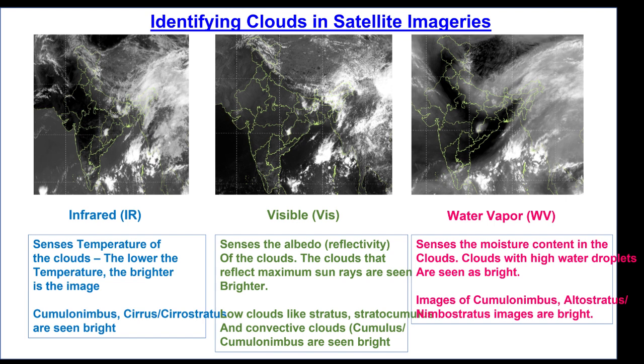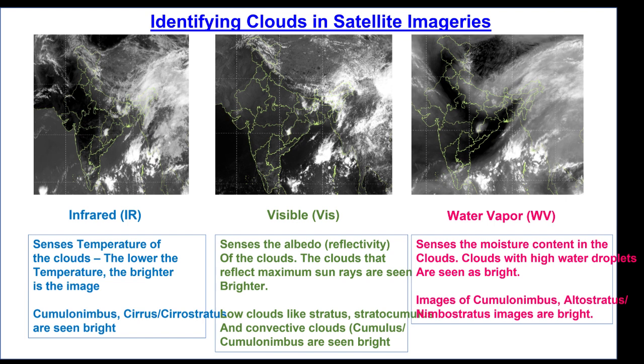Now in this satellite picture, the first imagery, the bright spots are the cumulonimbus clouds, and the other bright clouds are mainly cirrus and cirrostratus.